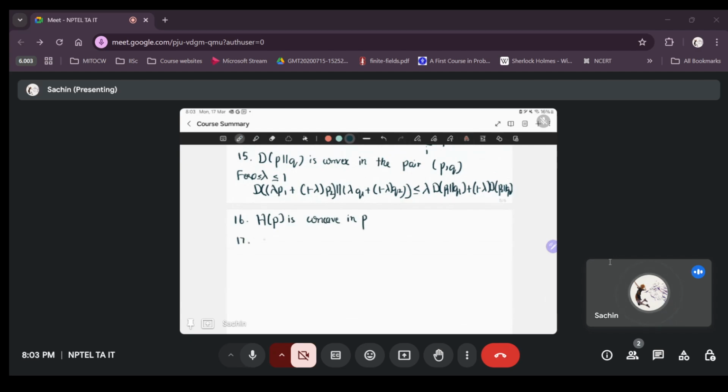Then we have some more inequalities. One is the data processing lemma.